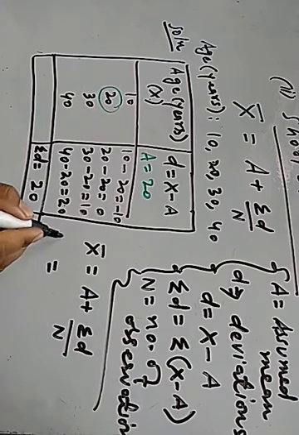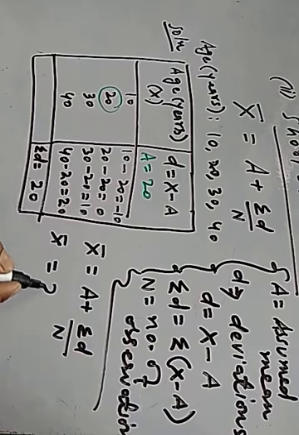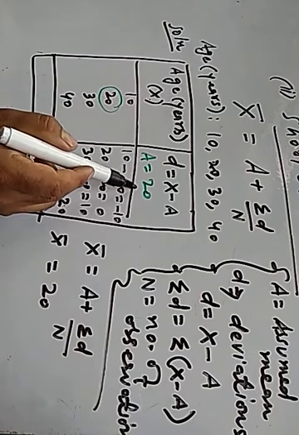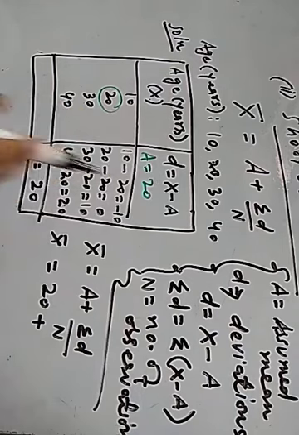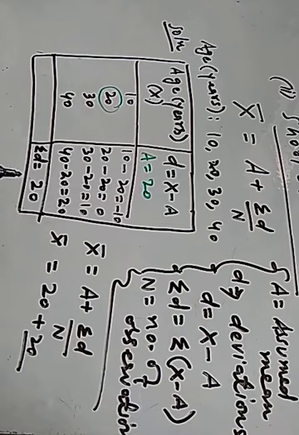It will be equal to the assumed mean, which we have taken, 20, plus sigma d, which is also 20, divided by n, the number of observations, that is 1, 2, 3 and 4. It will be equal to 20 plus 20 divided by 4, which is 5, and it will be equal to 25.